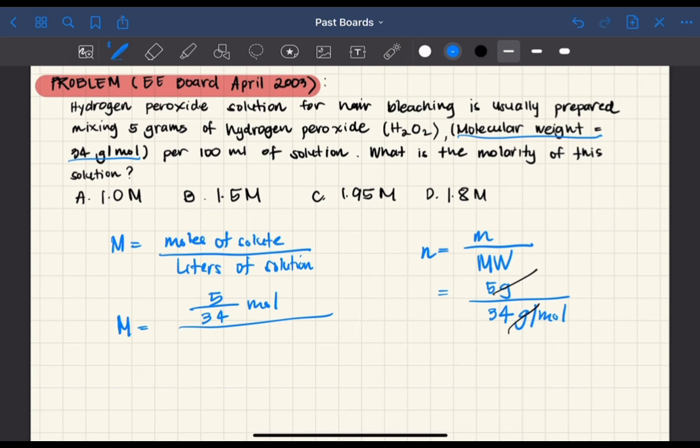Since the given is 1000 ml, then we'll convert it into liters. So 1000 ml times 1 liter is equal to 1000 ml. So now we can solve for the molarity.